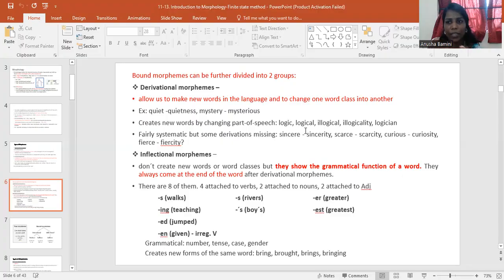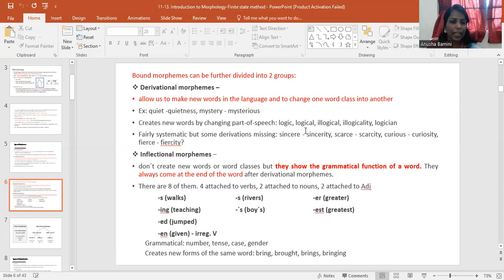At the end, we can add ing, ed, and so on. At that time its function changes entirely. Such morphemes are called inflectional morphemes.